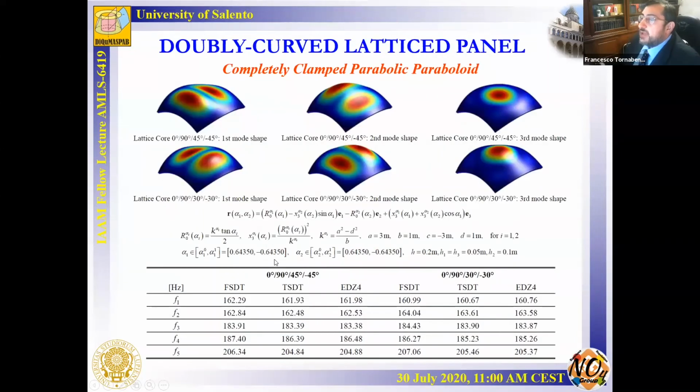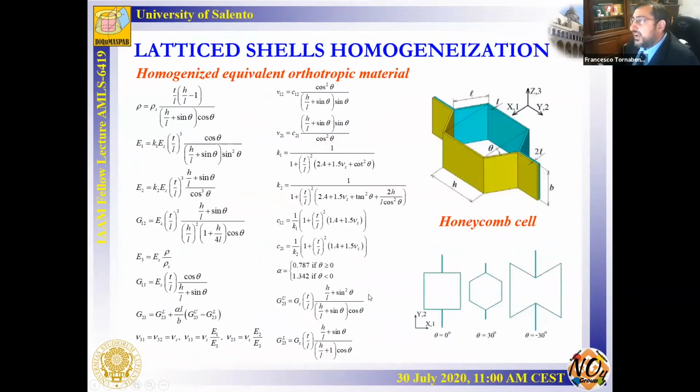And finally, I propose to you a hyperbolic paraboloid example using different orientations of the ribs and different kinds of theories.